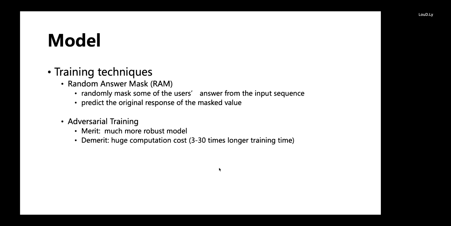The second technique is adversarial training. The merit of this technique is we can obtain a much more robust model, and the demerit is that we will cost 3 to 30 times longer training time.